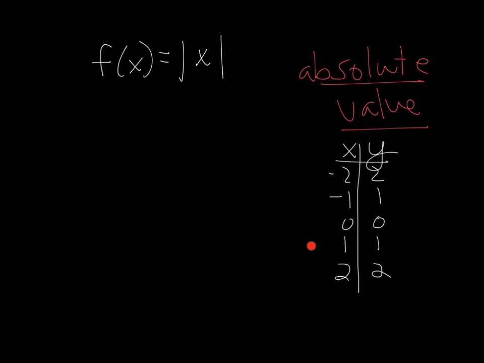So we have some points to work with, some sample points that we've plugged in, some nice simple ones, and then we just plot them and see what, we really don't need anybody to tell us what all these things look like. I am telling you, but you could discover this on your own as well. So -2, 2, -1, 1, 0, 0, 1, 1, 2, 2.